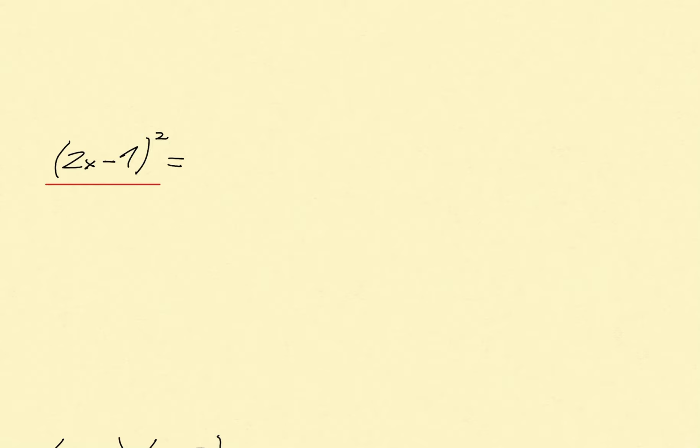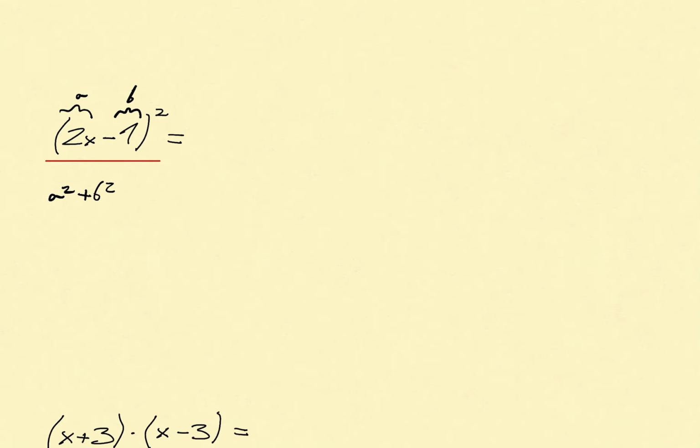So what we should know is that in case we've got this negative sign instead of a positive, this is going to be equal to a squared plus b squared, minus 2ab. So this is not going to be plus 2ab, but minus 2ab.